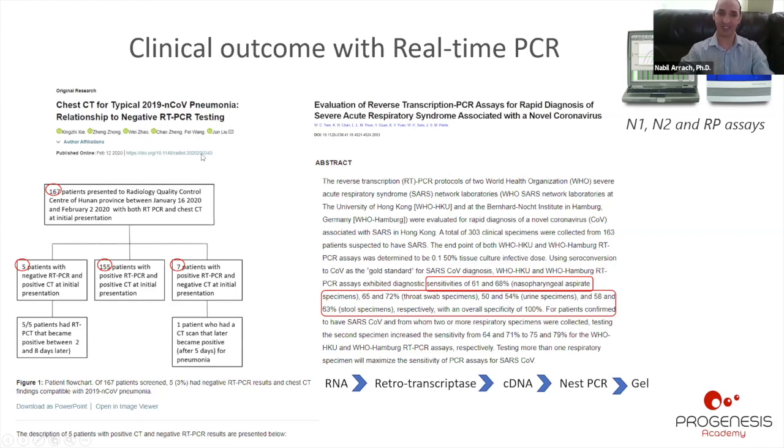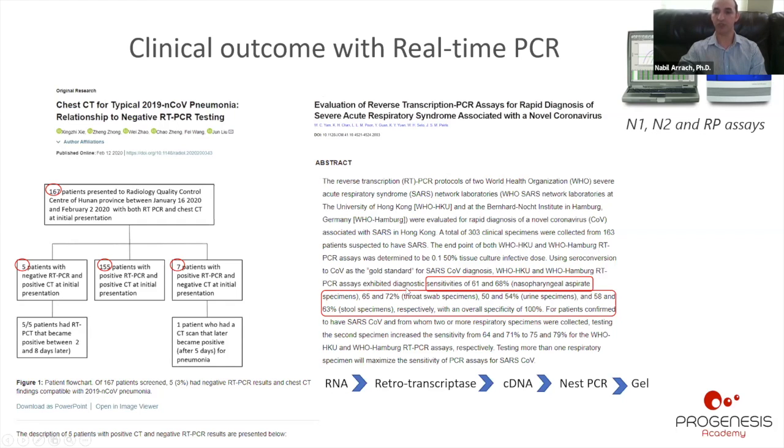So looking at this study, for example, you have 167 patients. They looked at the correlation between RT-PCR and CT scanning of the chest. And they have seen that 155 out of 167 correlated perfectly. 5 patients were negative with RT-PCR, positive with CT, and 7 patients were positive in RT-PCR, negative in CT.